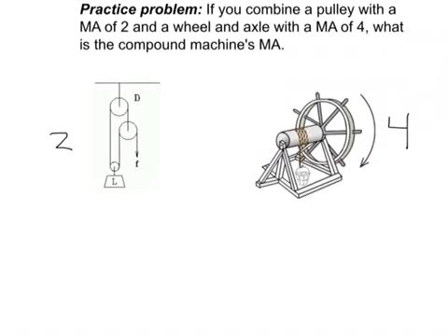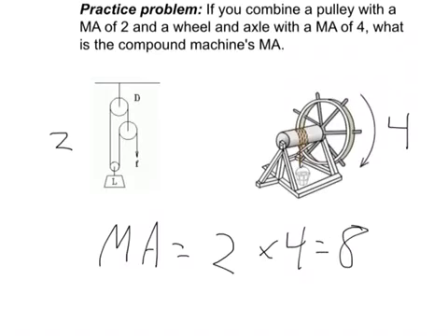Alright, so hopefully you took the product of these two simple machines, which is 2 times 4, to get 8. So if you combined this pulley system and this wheel and axle, you would have a mechanical advantage of 8.